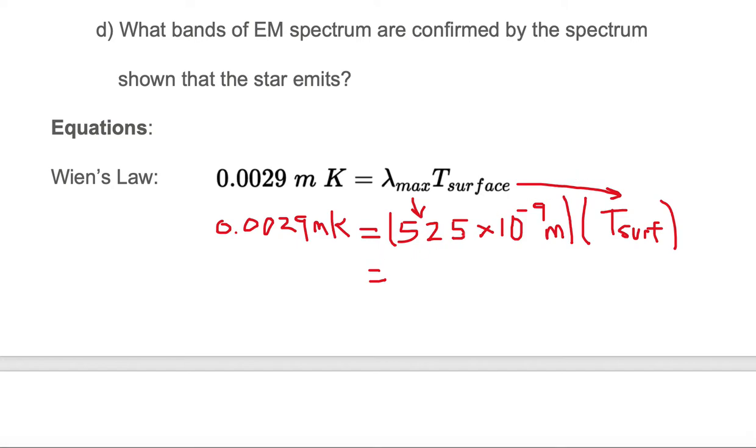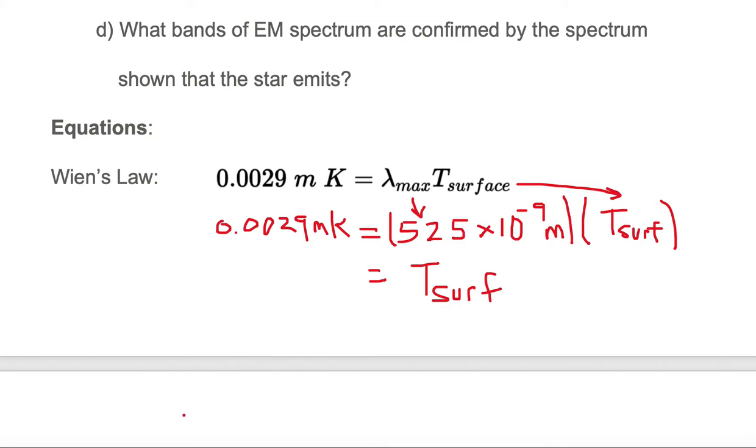That would get rid of the 525 times 10 to the minus 9th meters on the right-hand side, leaving only the surface temperature. So we need to calculate 0.0029 meter Kelvin divided by 525 times 10 to the minus 9th.